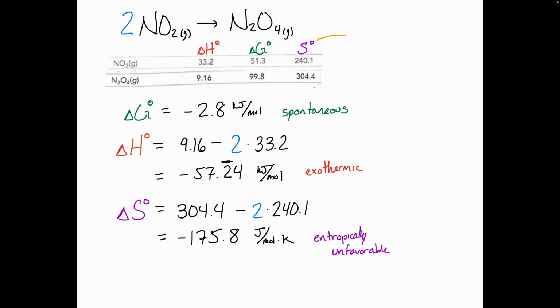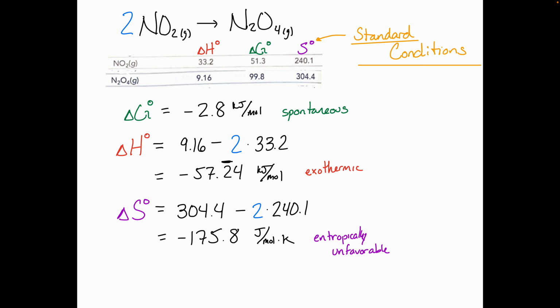That little knot there, that little circle up top, indicates that these are true for a reaction that's carried out under standard conditions. So it turns out that yes, this reaction is spontaneous as long as you carry it out under a specific set of conditions known as standard conditions.